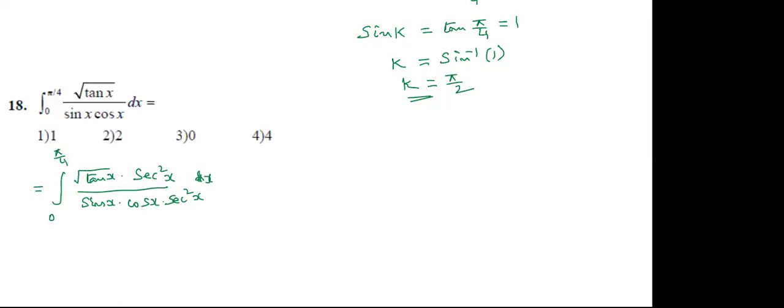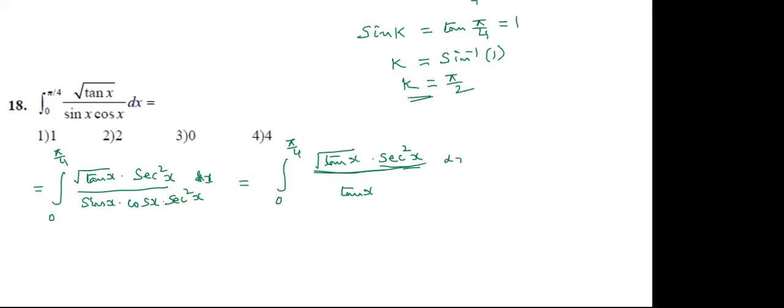One of the cos is going to cancel. And sin x by cos x means we get tan x. So root tan x into secant square x by the denominator, after calculation, you are getting tan x.